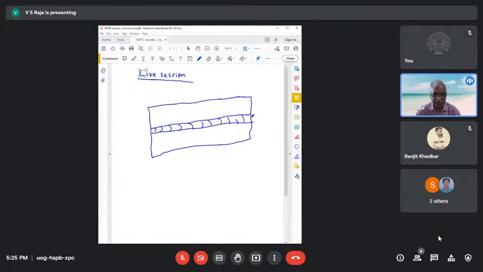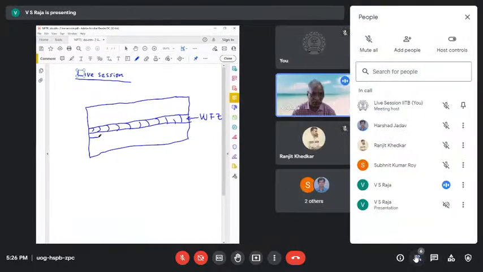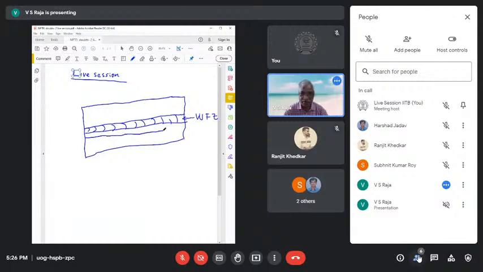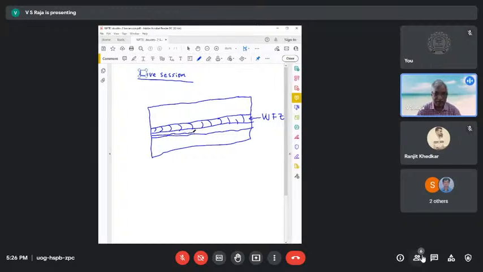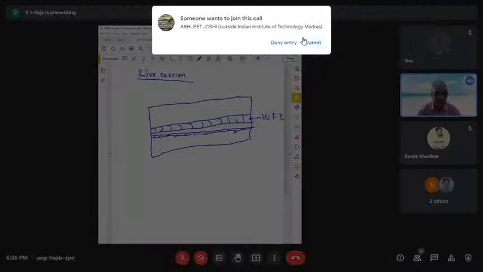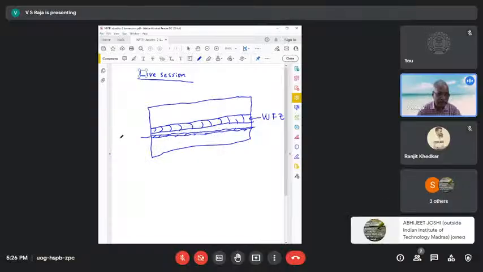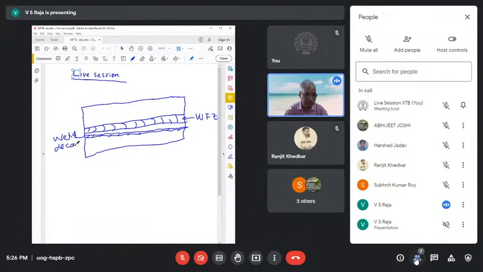This is called the weld fusion zone. Somewhat close to this, you will have what is called weld decay, and on either side of it you have weld decay here. This is called the taper zone. This is called the weld decay zone.